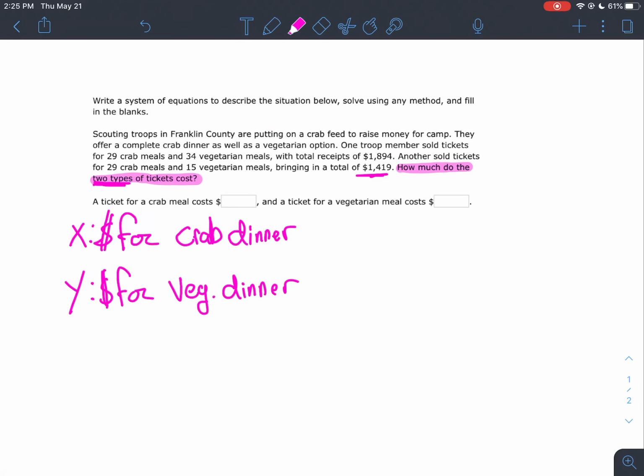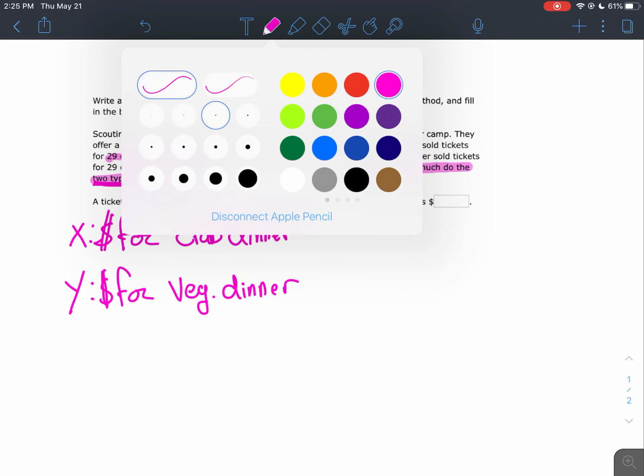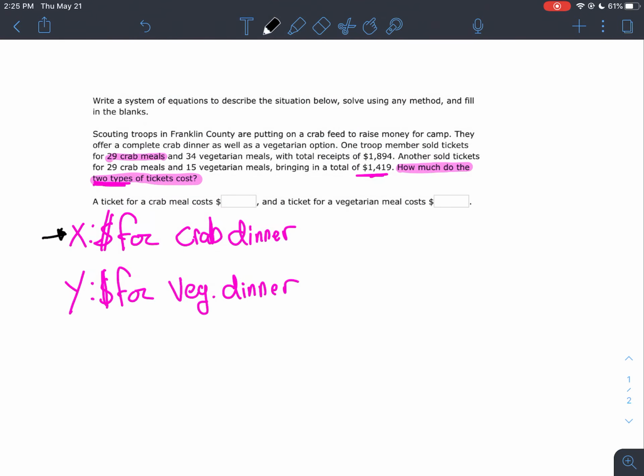So now we take a look at the first troop. One troop member sold tickets for 29 crab meals. So 29 X's, because X is our crab meal, plus an additional 34 vegetarian meals. 34 Y's, because our vegetarian meal is Y. And pulled in a total of $1,894.